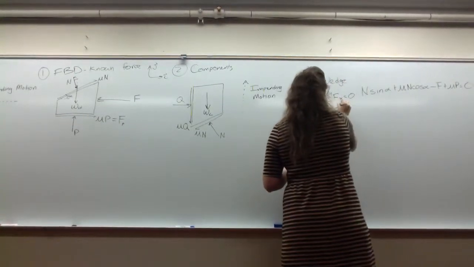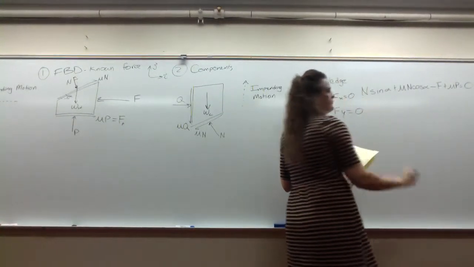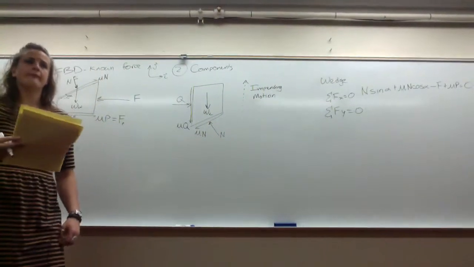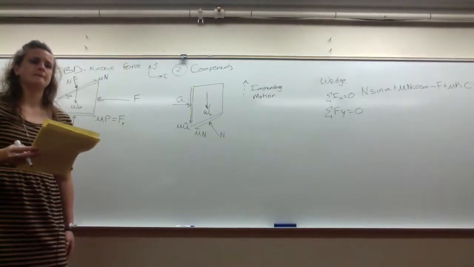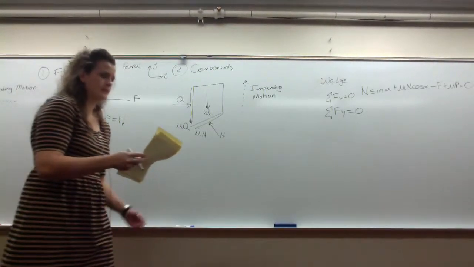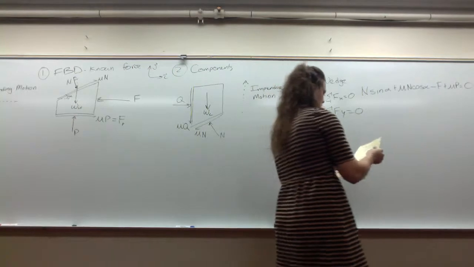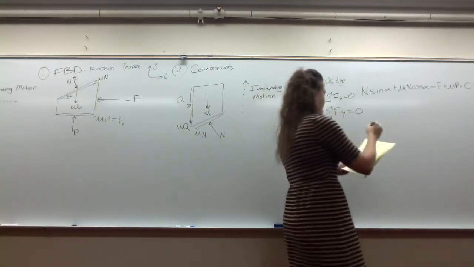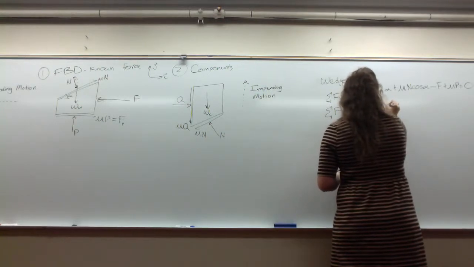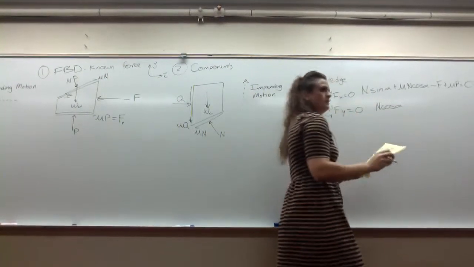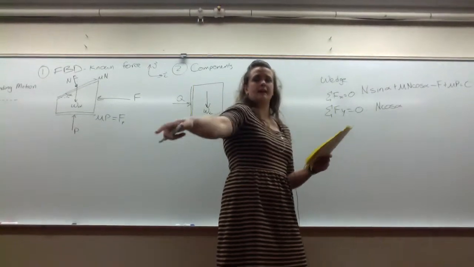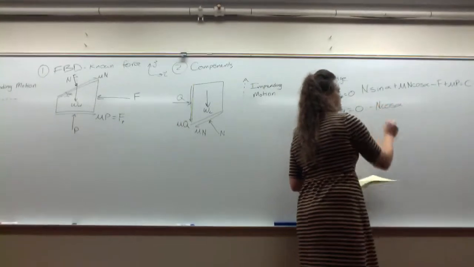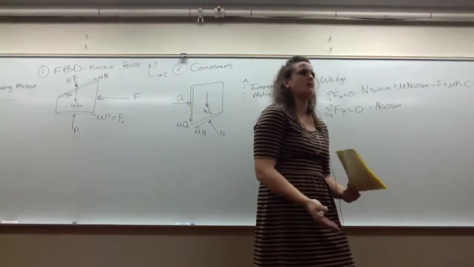And if we sum the forces in the y, what's in that equation? What do you think, Will? It'll be the normal force, so it'll be N cosine alpha. And then it'll be mu N sine. It would be a negative N cosine alpha because we're pointing in the negative j direction, the negative y direction.